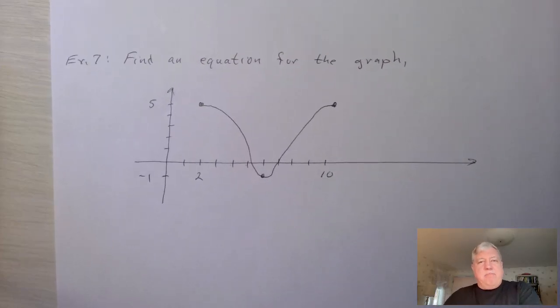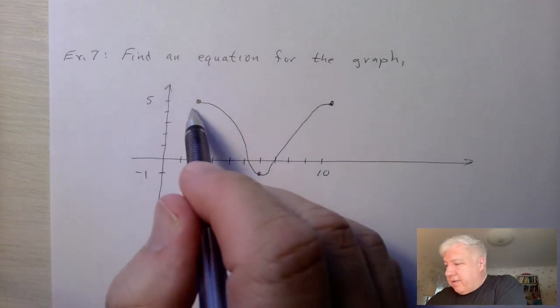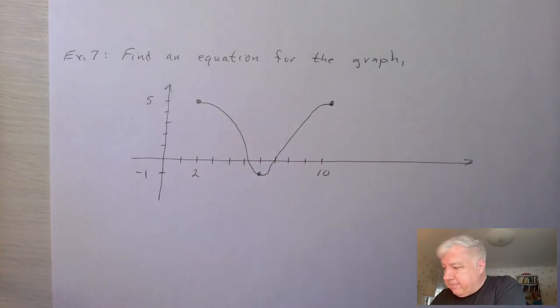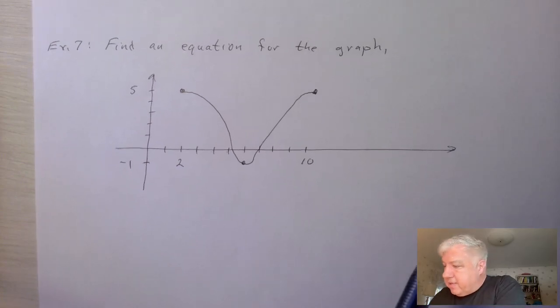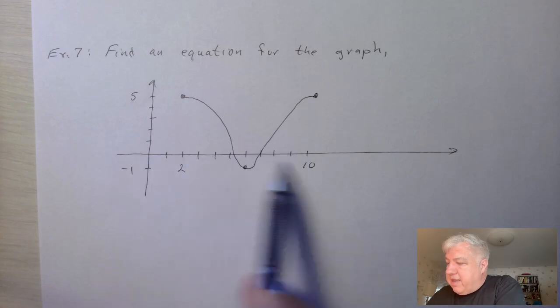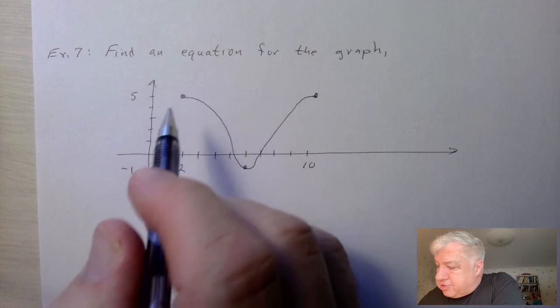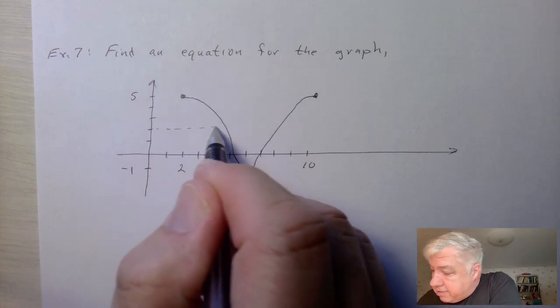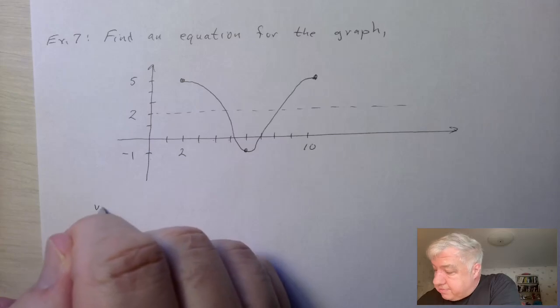And just right here, in example 7, you can probably conclude that we want to use a cosine function because we're going up, going down, and coming back again. So now here we can see it's centered not at the x-axis. What's halfway between 5 and -1 is 2, right? So it looks like the vertical shift is 2.